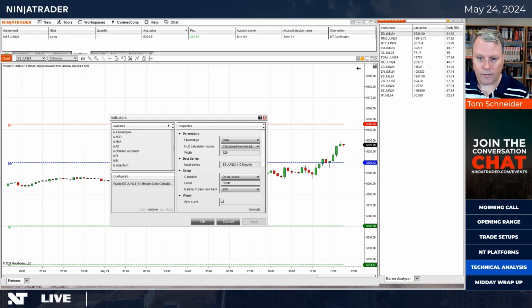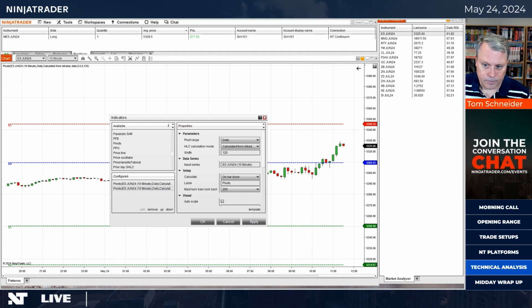Let's find out. Let's go to our pivots study. Let's add it again. Now, adding it again, we're just overlaying. That's not what we want to do. We want to look at our pivot range and change that to weekly.